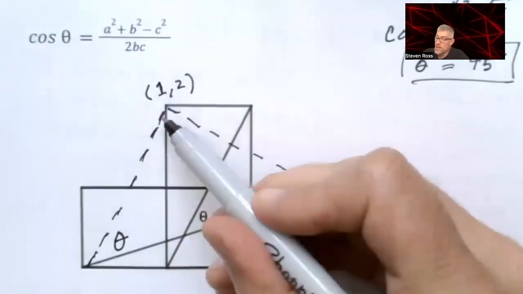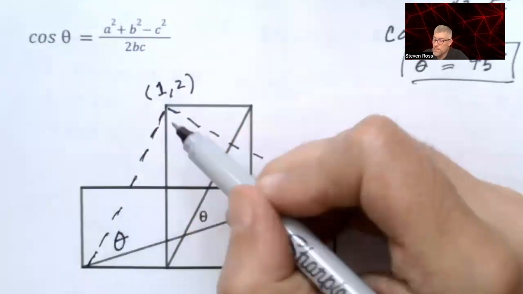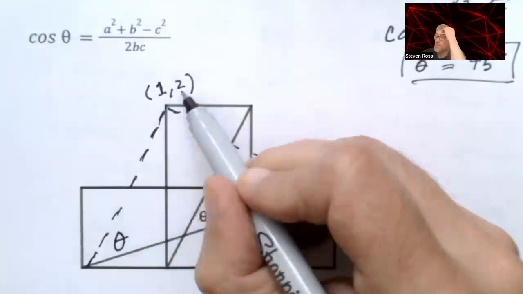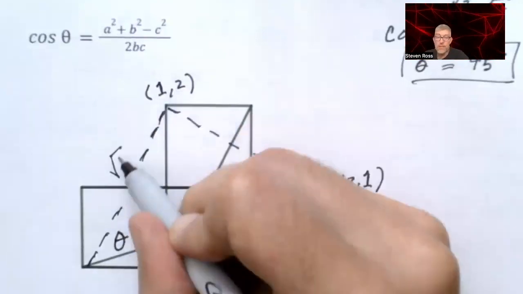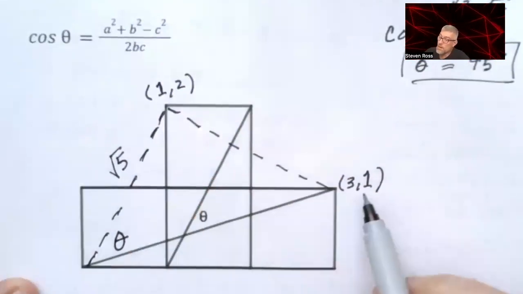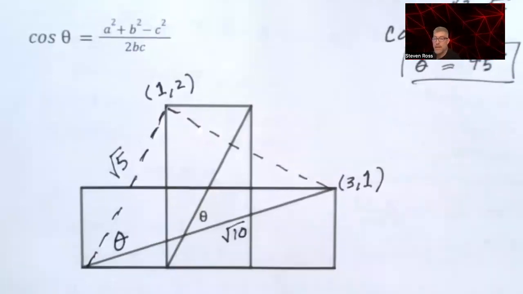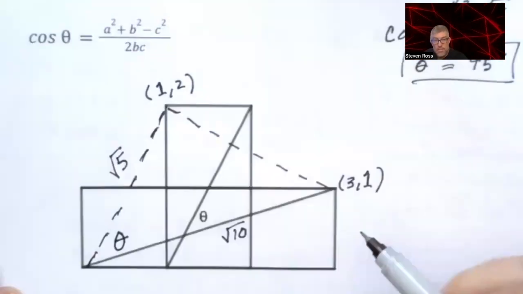And so the magnitude, or the length, of this side is going to be 1 squared plus 2 squared, which gives me square root of 5. And then this side is going to be 3 squared plus 1 squared, square root of 10. So that kind of stole from the previous problem. And then the magnitude of the third side.